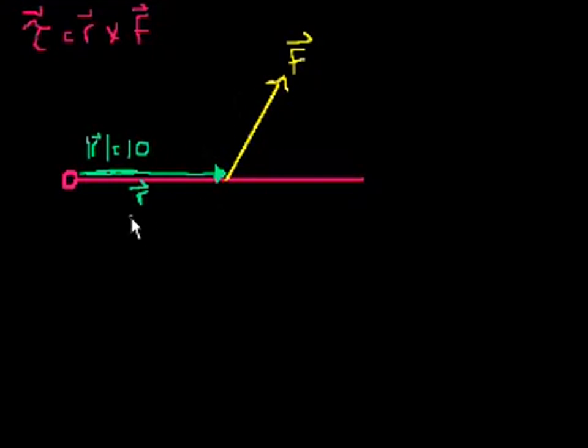And let's say this is 10 meters. Let's say I apply a force of, I don't know, 7 newtons. Let me make it more interesting. Let's say I apply a force of square root of 3 newtons. I just threw that out there because I think the numbers will all work out.